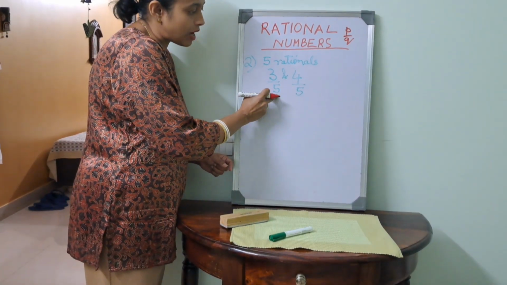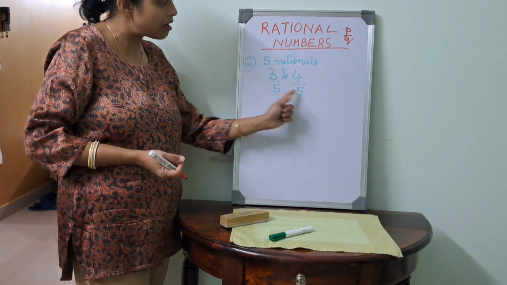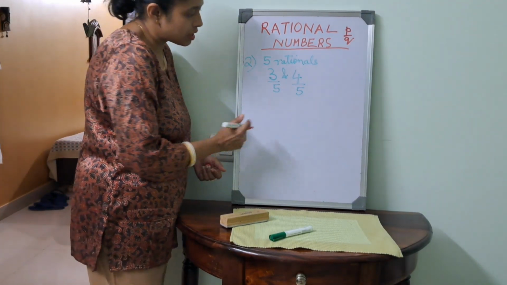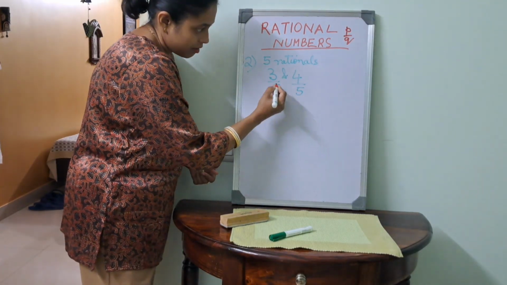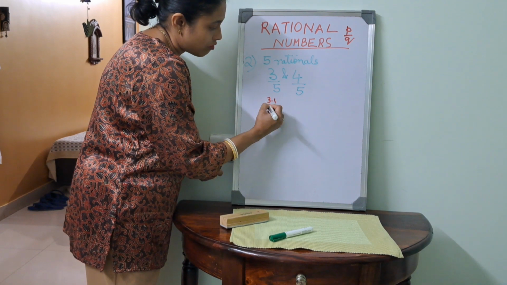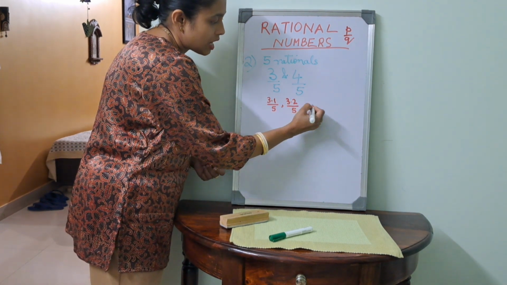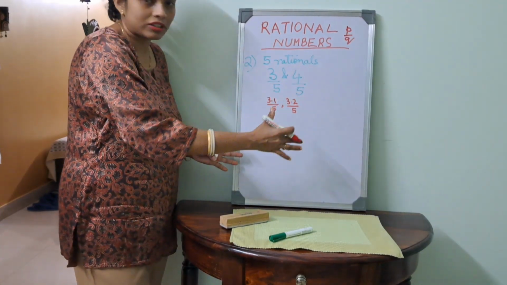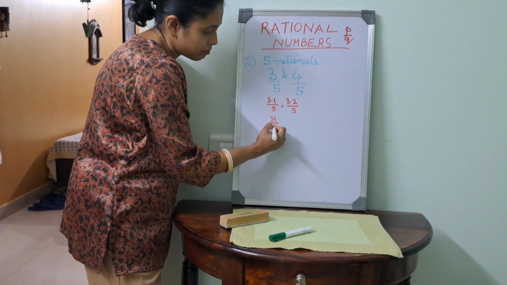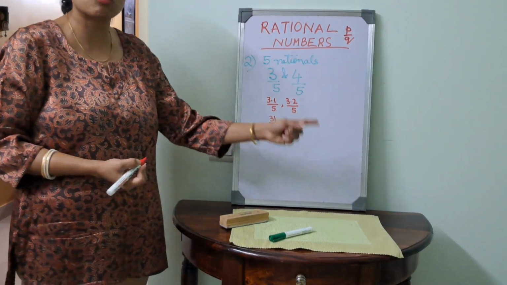We can find an equivalent. The first thing is, this is an easy problem because they are like fractions. The denominators are equal. So we can do the same thing like we did in the previous case. We can write 3.1 by 5, 3.2 by 5, and so on. Right? 5 rational numbers. 3.1 by 5, you can write it as a rational number as 31 by 50, 32 by 50. We can do that.